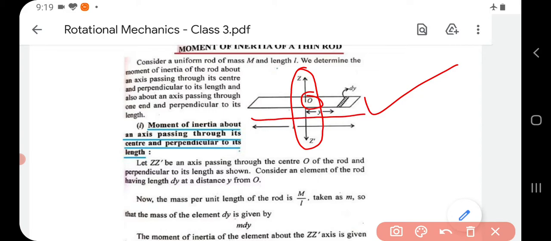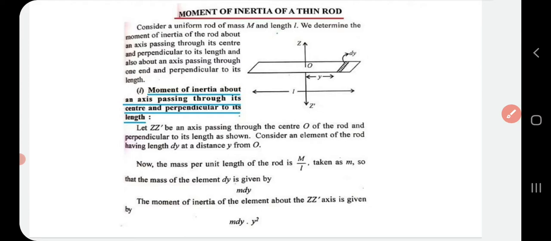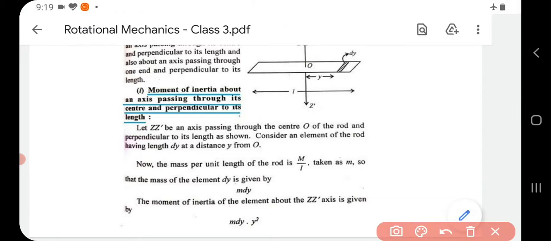Then consider an element of the rod having length dy at a distance y from O. You are considering a very small element of the rod, and it has a length dy, at a distance y from O. Everything that is described is clearly shown in the figure, so there is not much confusion.